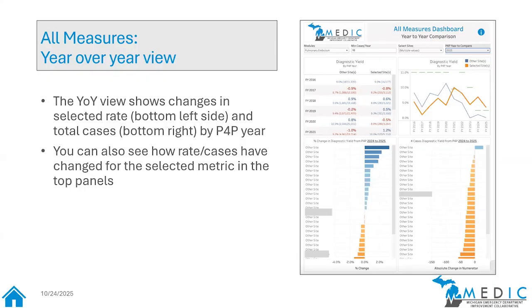The idea is that I can get a quick bird's-eye view of how my site is performing year over year, in terms of either the number of cases or the rate of the metric that you're interested in, and have one quick printout of, hey, we're doing better compared to last year. That's the idea for this.